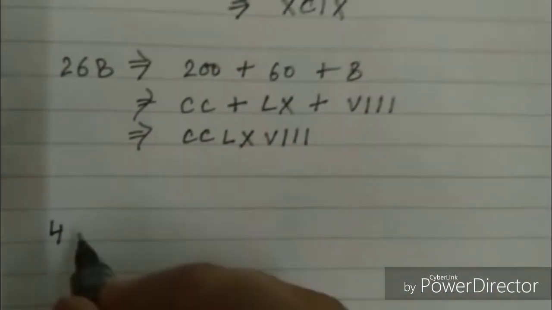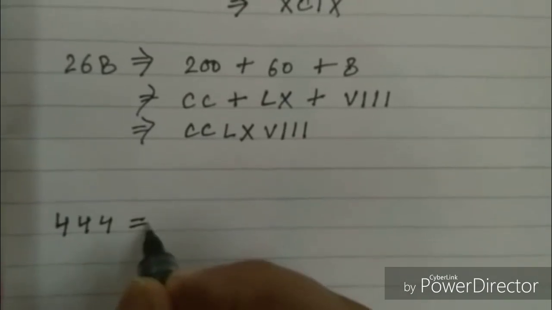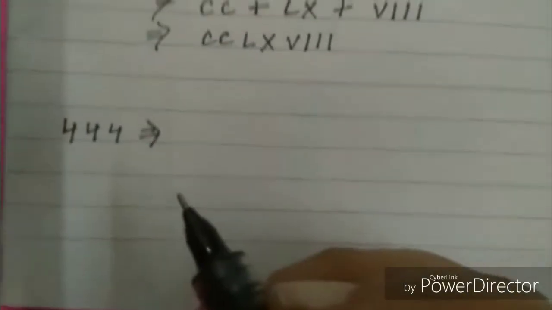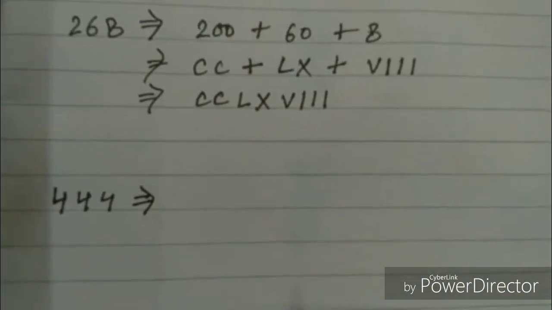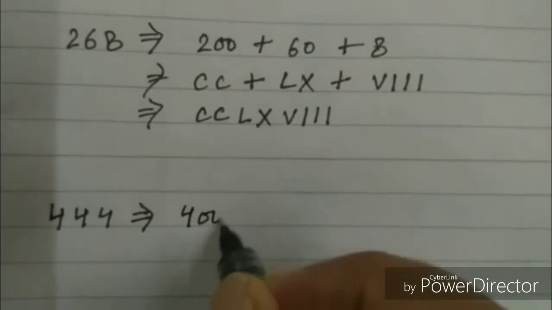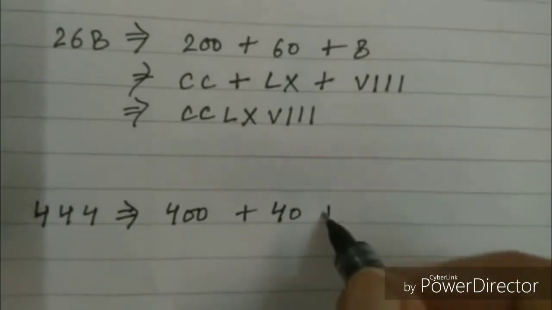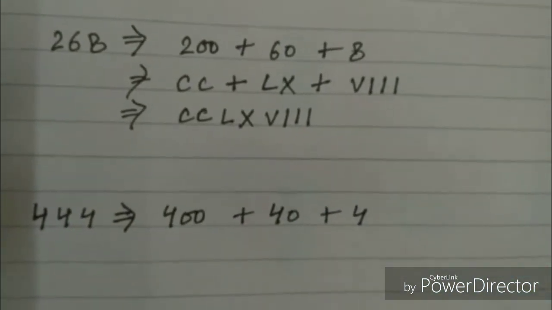Let's take a triple digit number, that is 444. So how to do this? First rule is, in the first step we have to expand. So this we know, 440 plus 4. Clear?